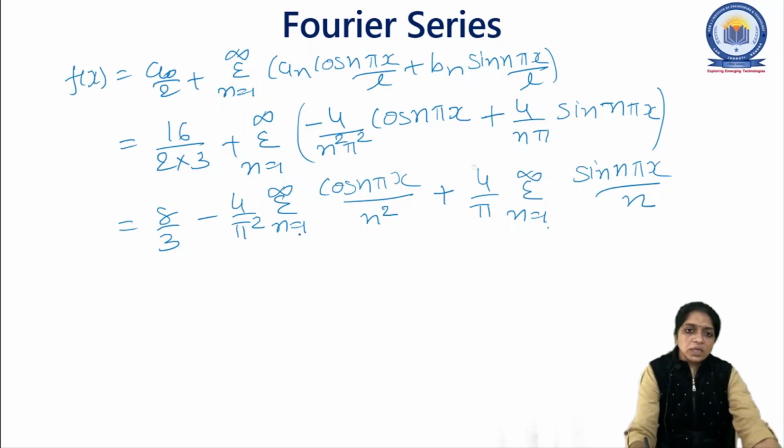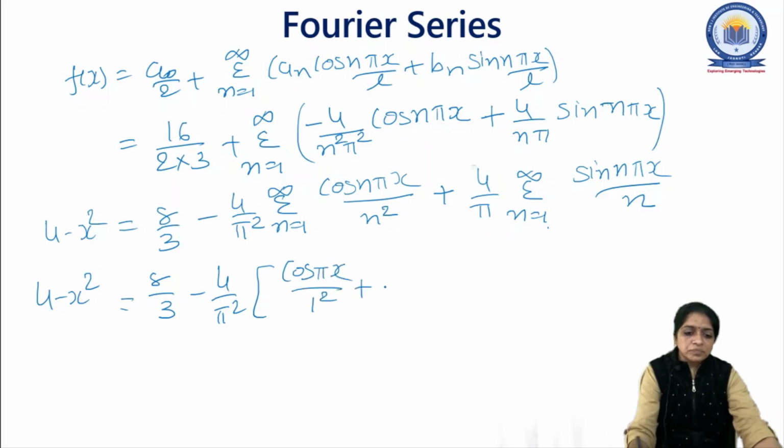But we want to deduce that π² by 6 is equal to 1 upon 1² plus 1 upon 2² plus 1 upon 3² and so on. For that, here 4 minus x², this is our left hand side, right? 8 by 3, keep it the same. If we put n equal to 1, 2, 3 and so on, then we have the first term cos πx upon 1², the next is cos 2πx upon 2², cos 3πx upon 3², like that, right?